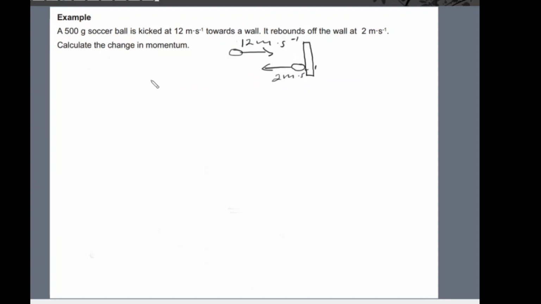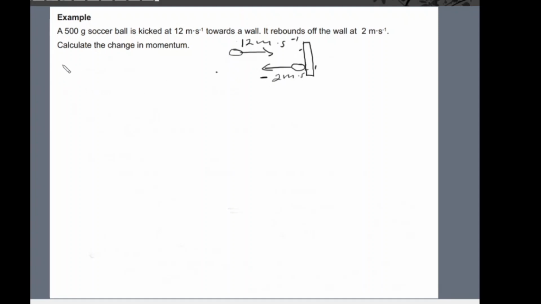They want us to calculate the change in momentum. Because momentum is a vector quantity, it has magnitude and direction. So let's choose the direction towards the wall as positive and the direction away from the wall as negative. So the velocity after the ball bounces off the wall is negative, right?